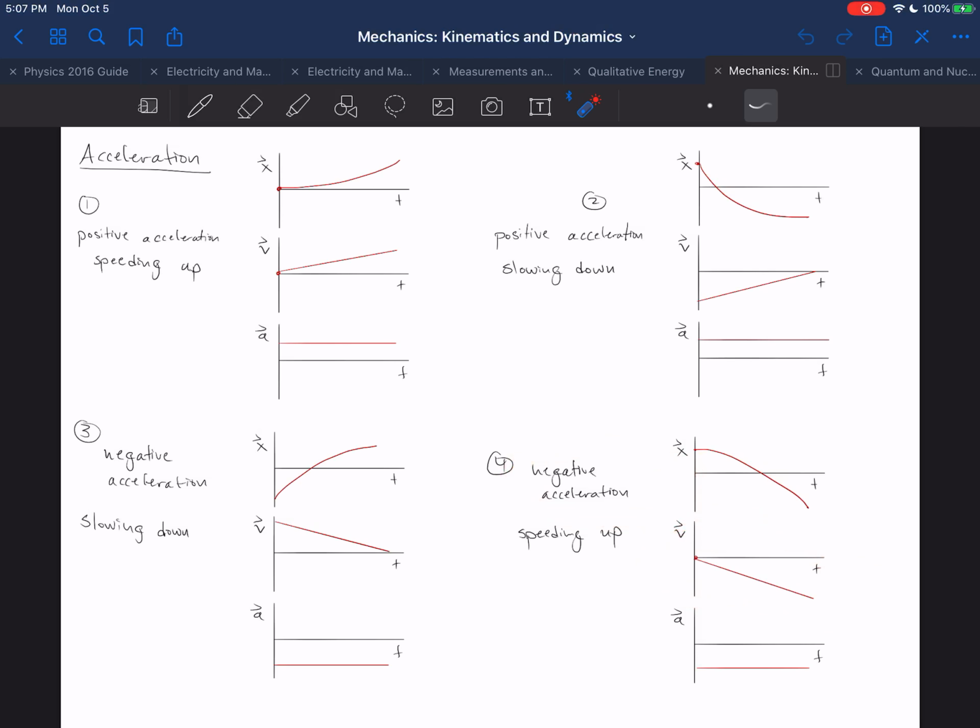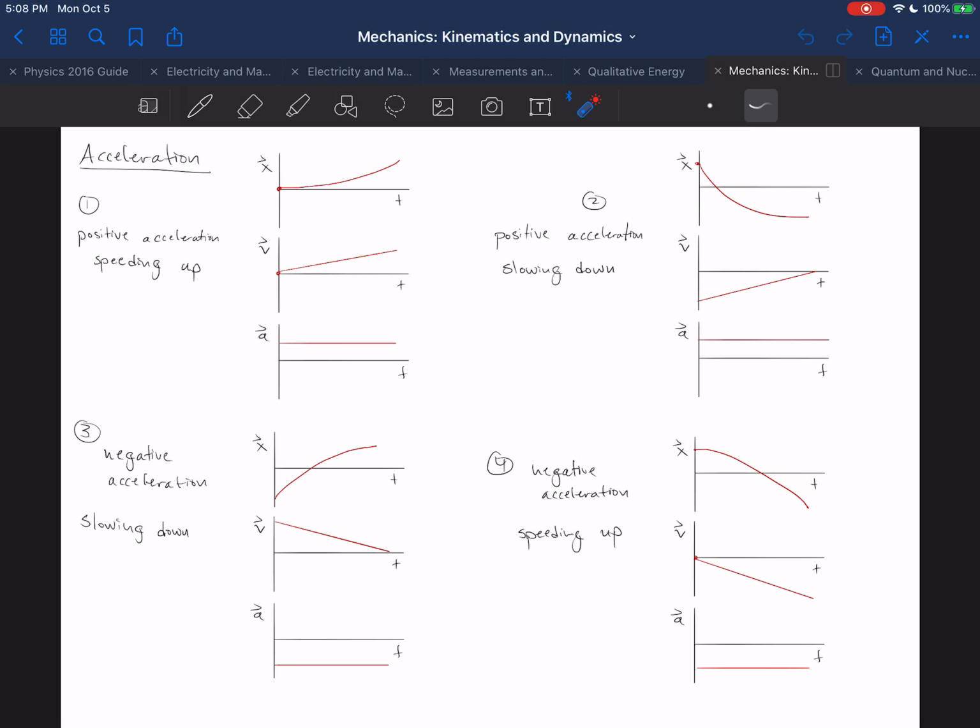The slope of this line is negative, and therefore the constant value shown on the acceleration time graph is negative. Notice that this also involves a downwards curve. The position graph is flat at first, very close to 0, and then it gets more and more negative as time goes on.